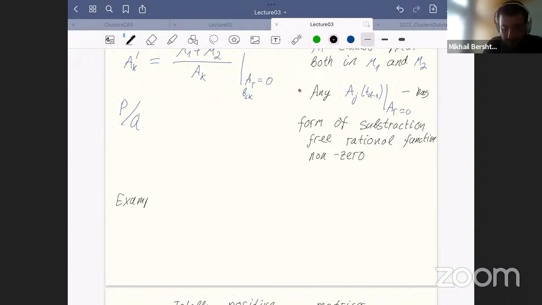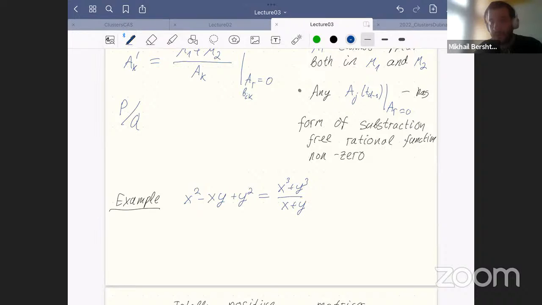Example. The standard interesting example is the following: we can take the polynomial x squared minus xy plus y squared, and this is actually a subtraction-free rational function because this is x cubed plus y cubed over x plus y.